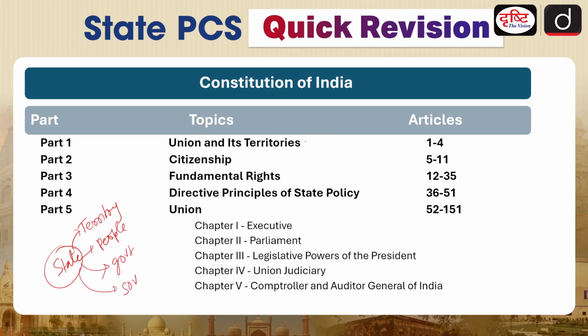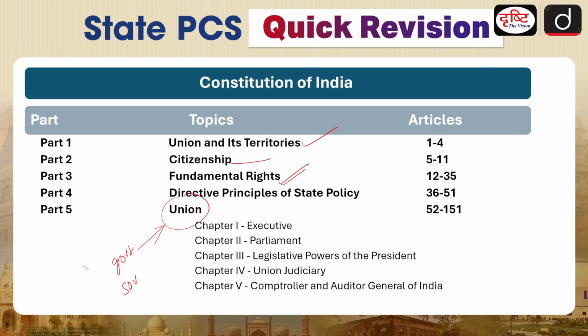Here you can see we first started with the territories, that is the first part, then people, that is citizenship. After that, there are certain benefits available to the citizens, that is fundamental rights, which are given there. Then from Part 5 we are talking about the government. So that is the scheme of our constitution. So let's see over here.